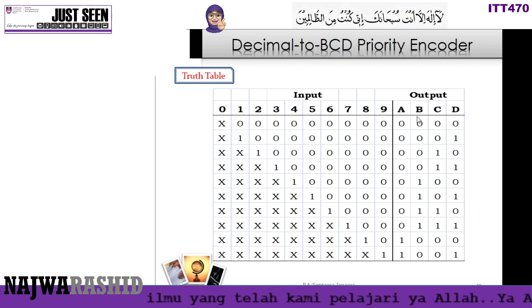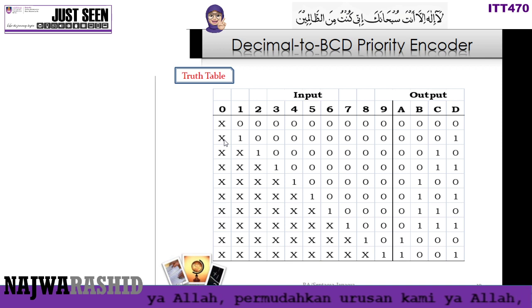So these are the inputs and these are the outputs. Don't care means it can be 1 or it can be 0. For example here, let's say you press number 0 and number 1 simultaneously.